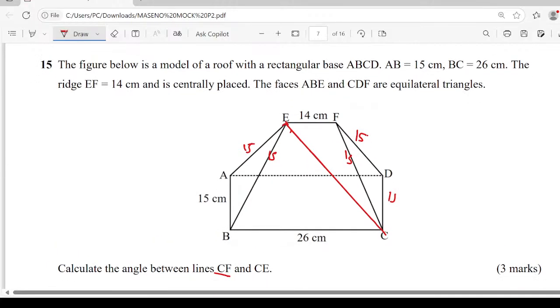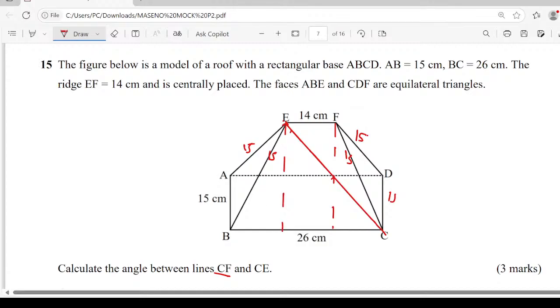It is centrally placed. So if BC is 26 and EF, maybe let me just drop this dotted line, it will help someone understand what is happening here.